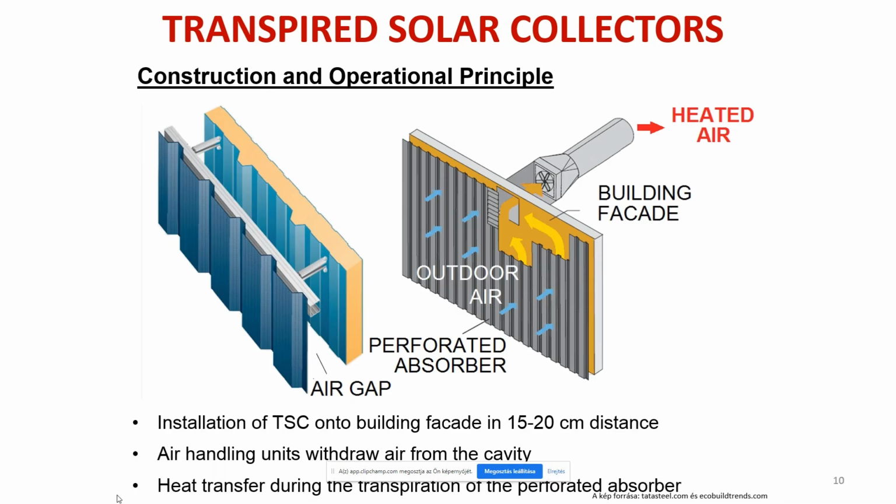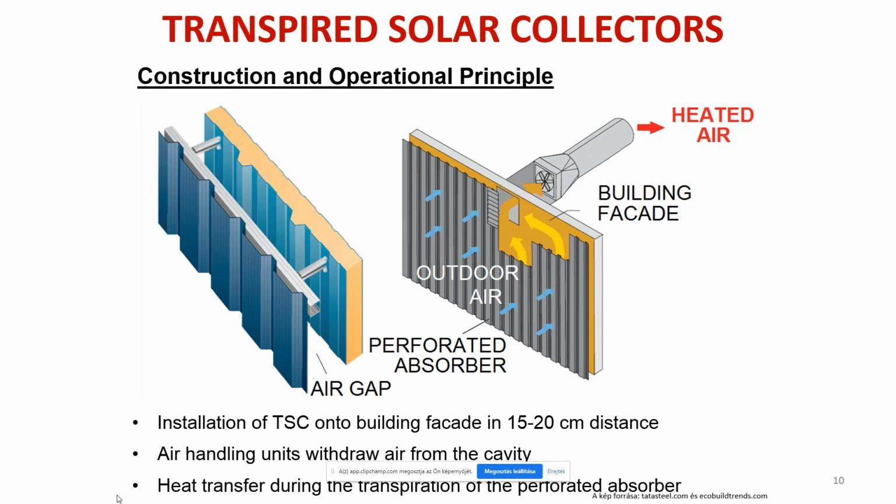If you have a look at this cross section, this build-up of the transpired solar collector, you can imagine the operational principle as well. You have the building's original wall, and creating an air gap, you install this perforated absorber onto the building's actual wall at a given distance, and in this way an air gap comes to be between the collector and the building's wall itself.